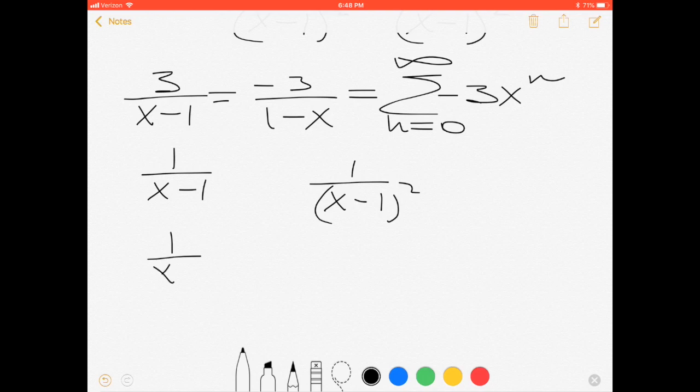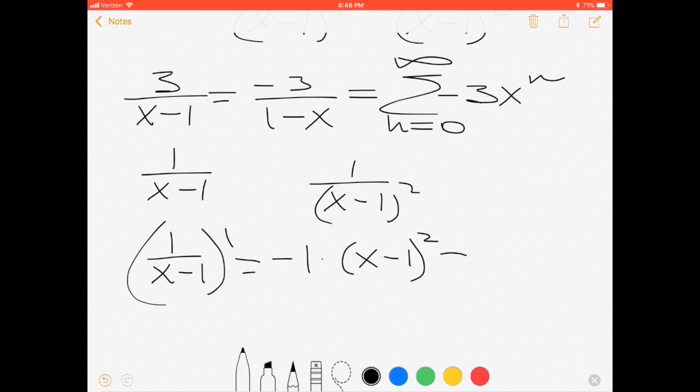If we take the derivative of 1 over x minus 1, it will be minus 1 times (x minus 1) squared in the denominator. This means minus 1 over (x minus 1) squared. Okay?